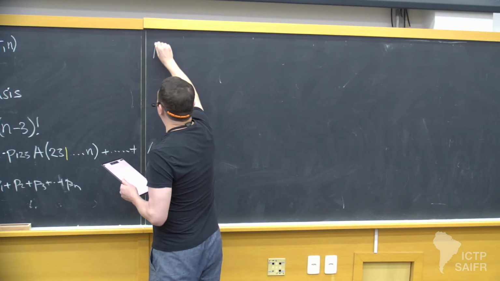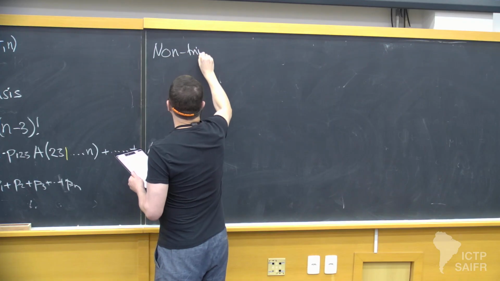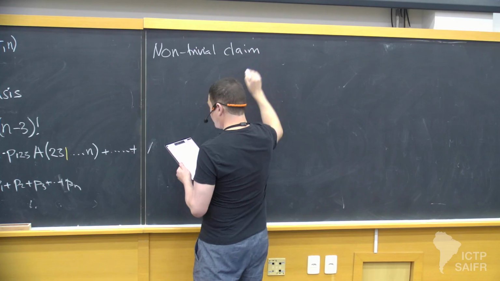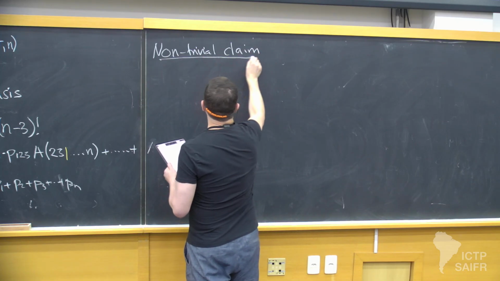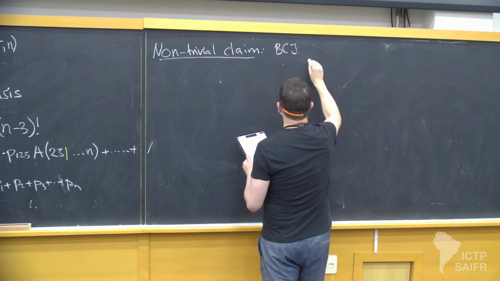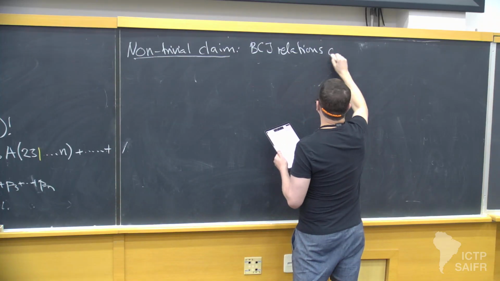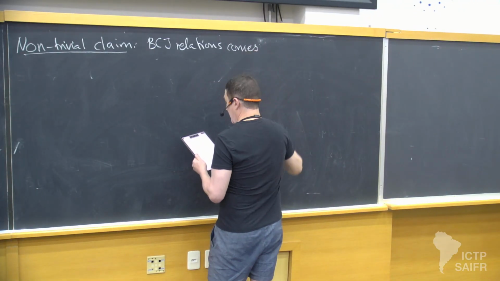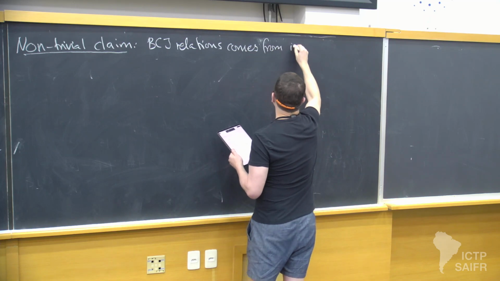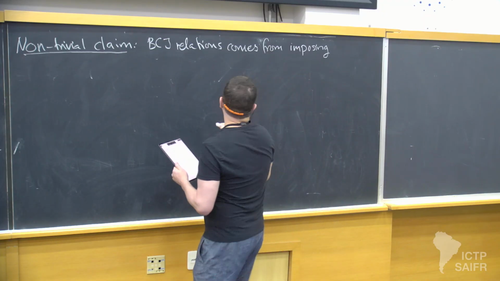But okay, so the non-trivial claim that I want to make here is that these BCJ relations come from imposing Color-Kinematics Duality.